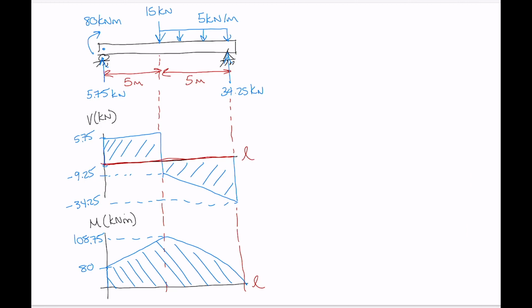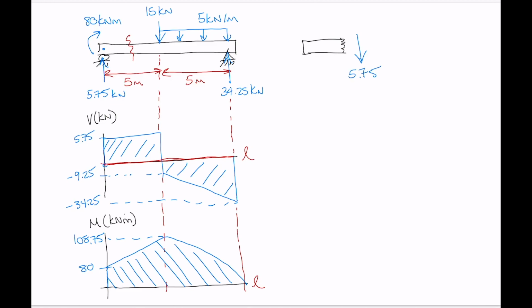So, for example, if we look at this position right there where I've drawn my section cut, if I were to draw a section cut of the beam at that point, I could look at my shear diagram and quickly know that the internal shear is 5.75.